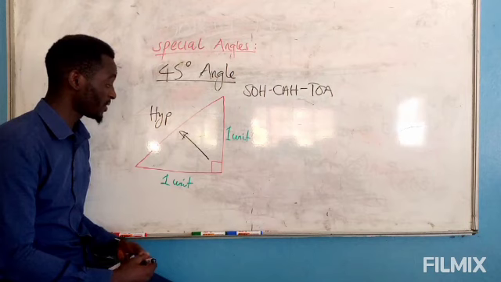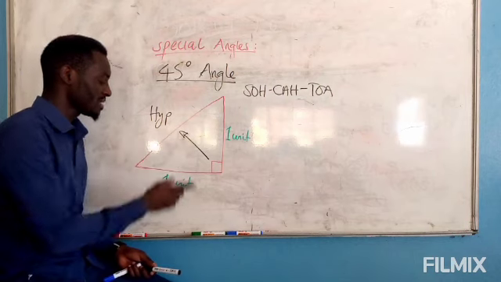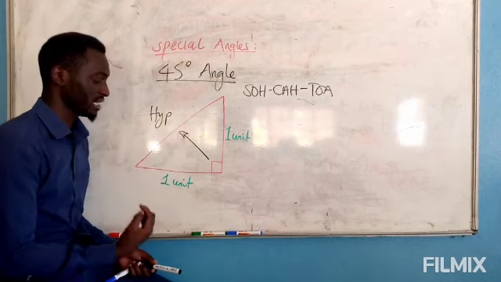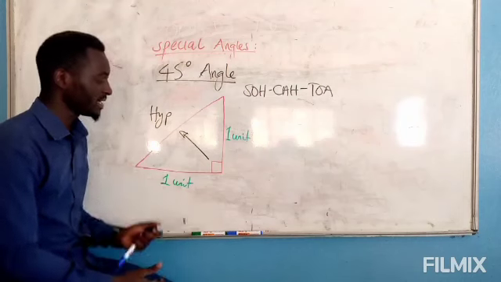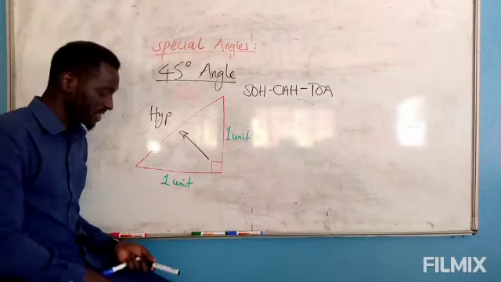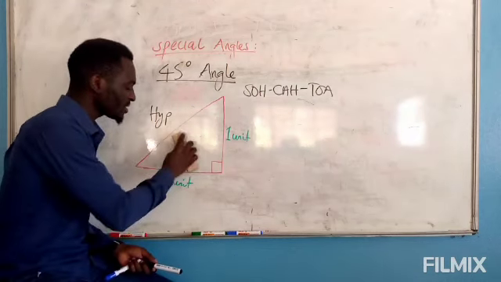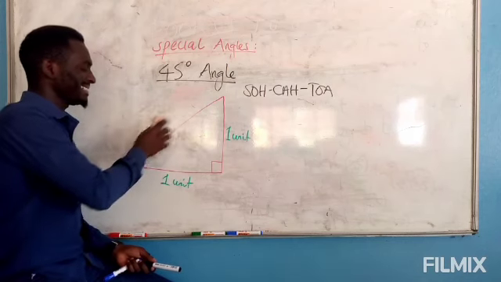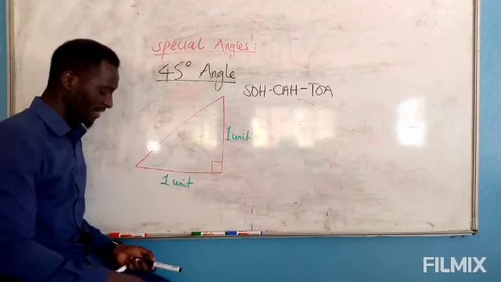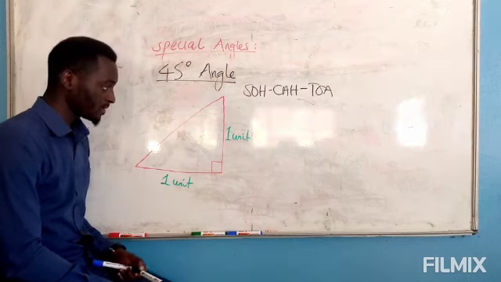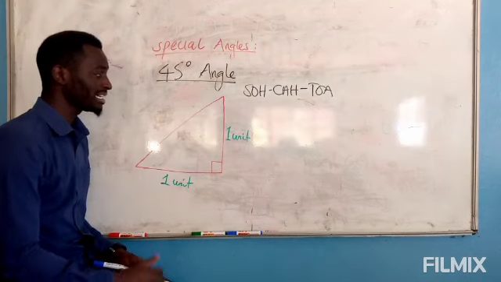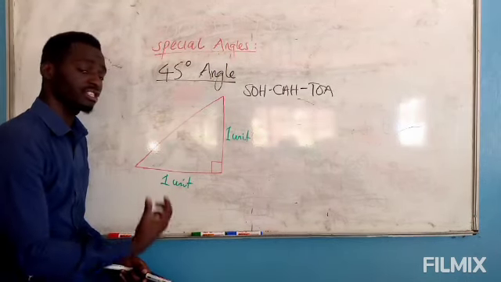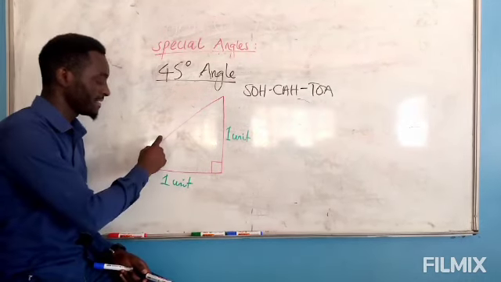If you have forgotten, please go and watch the previous video where I explained that. Now, it is the hypotenuse that we have not been given, so we can use the Pythagoras theorem to calculate this side.